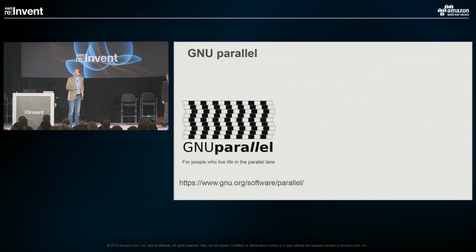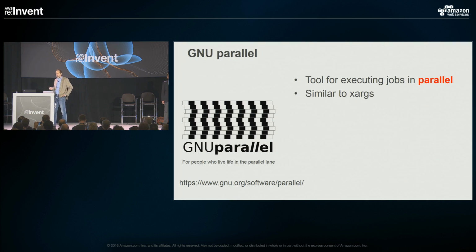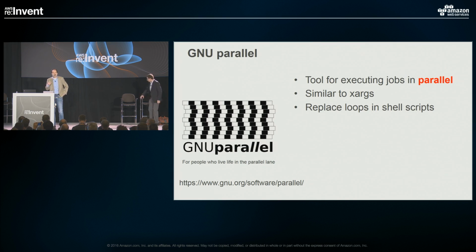So what did we use? We used GNU parallel. Some of you may be familiar with this. You could be familiar with xargs as well, so very similar to that. It really replaces having to loop through and do basically a copy command.